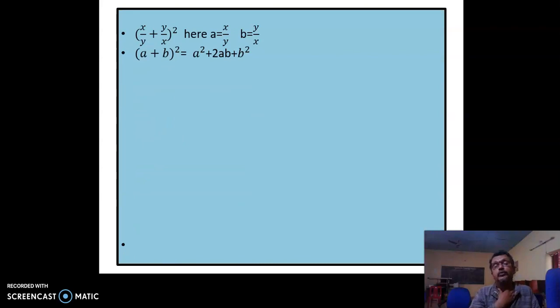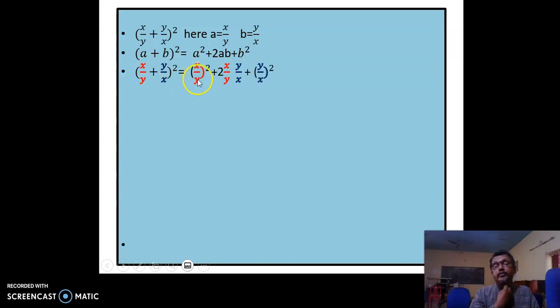Now I will take another one. x by y plus y by x whole squared. Here a is x by y, b is y by x. So a plus b whole squared equals a squared plus 2ab plus b squared. x by y whole squared, plus 2 into x by y into y by x, plus y by x whole squared.